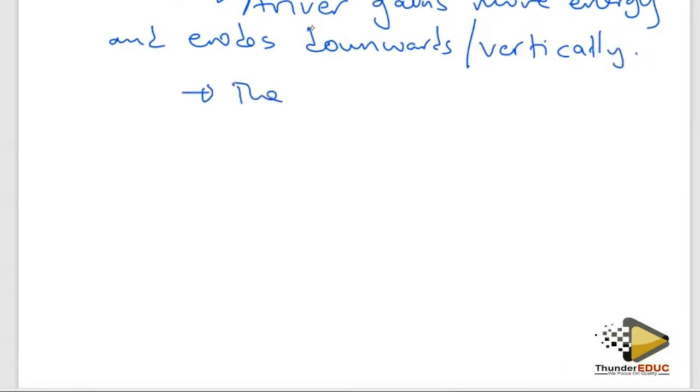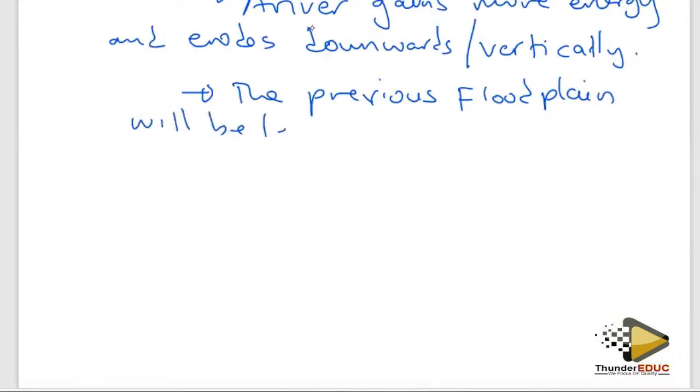Then the previous floodplain will be left at a higher point.